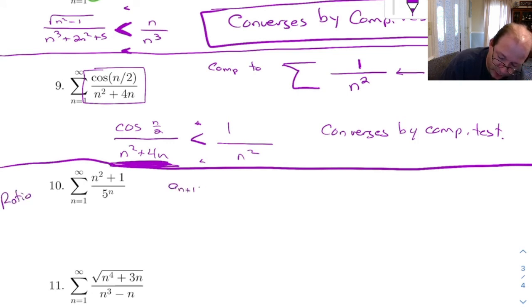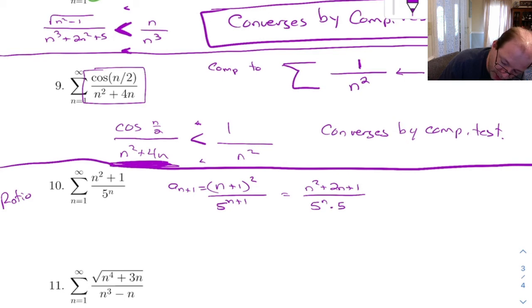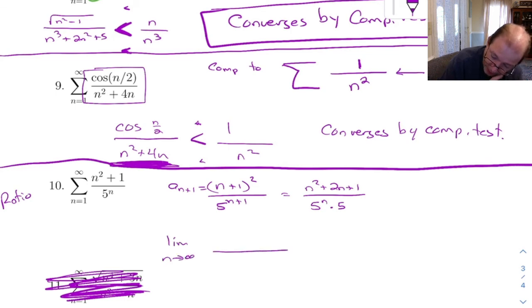A sub n plus 1 is going to be n plus 1 squared over 5 to the n plus 1. So now I'm going to do my limit as n goes to infinity of a sub n plus 1 times the reciprocal of a sub n. So I get that on top and this on bottom.